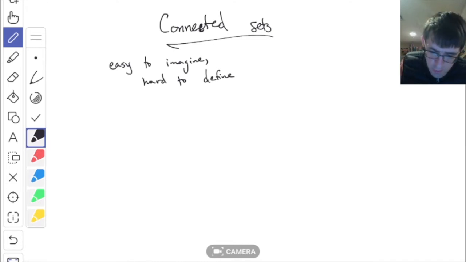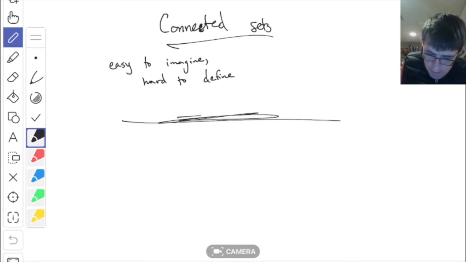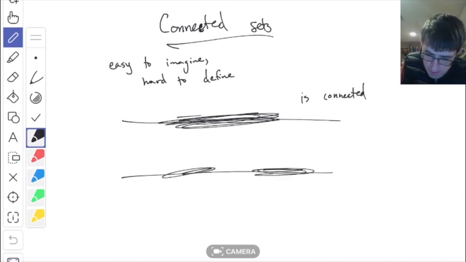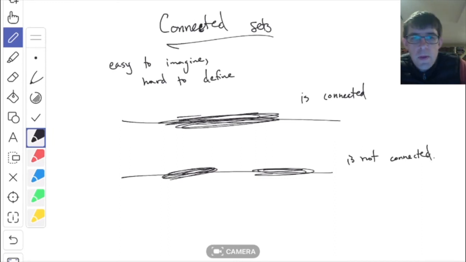Connected sets. So, for example, if I have a set that looks like this, this is connected because it's all in one chunk, versus this is not connected because it's in two bits. All right, so this is the idea of connected versus not connected.